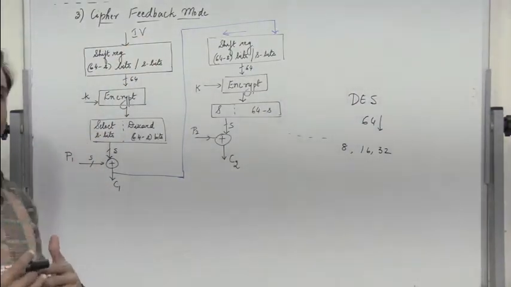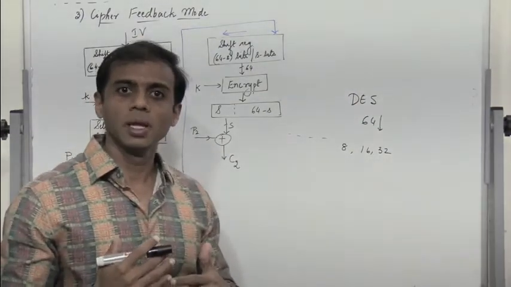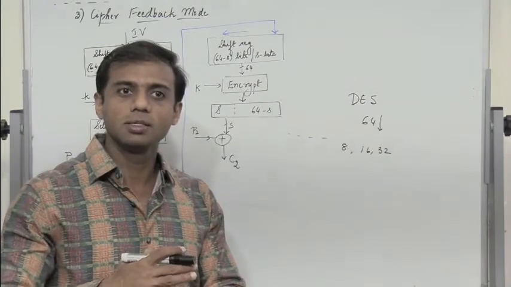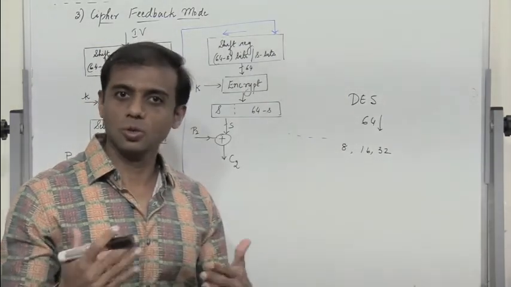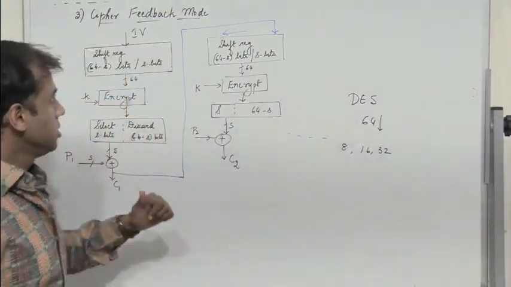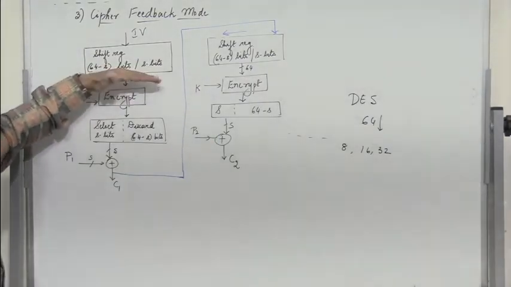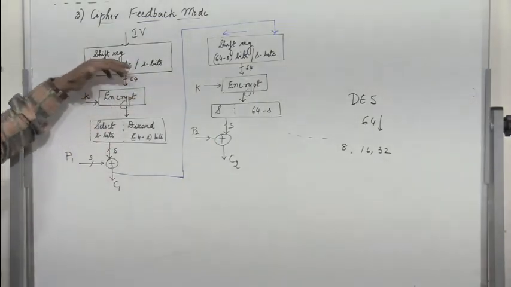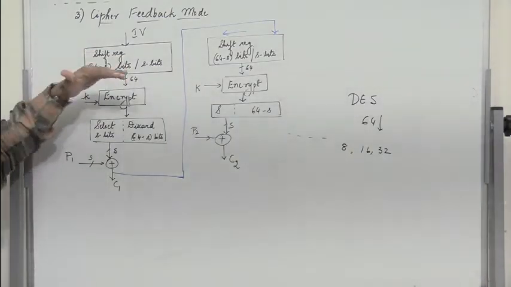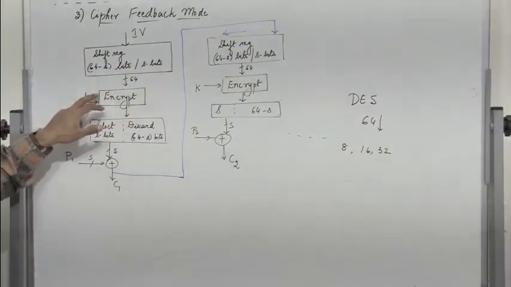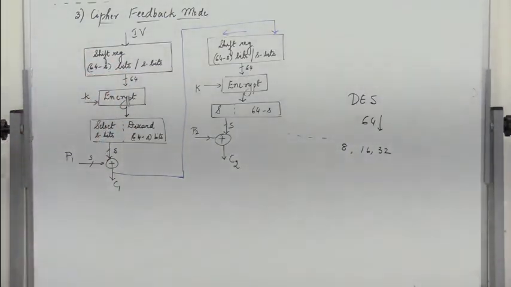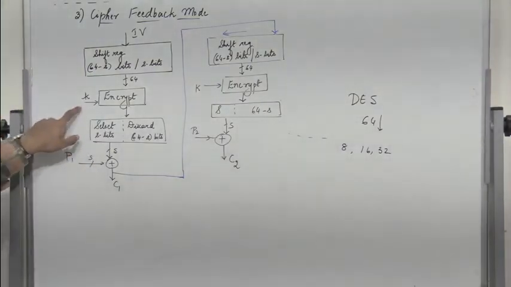As we've already seen, the initialization vector is like a key which is shared between both the users securely. So the initialization vector, the 64 bits, is stored in the register, and this initialization vector, that is the data, is encrypted using DES, using a particular key.